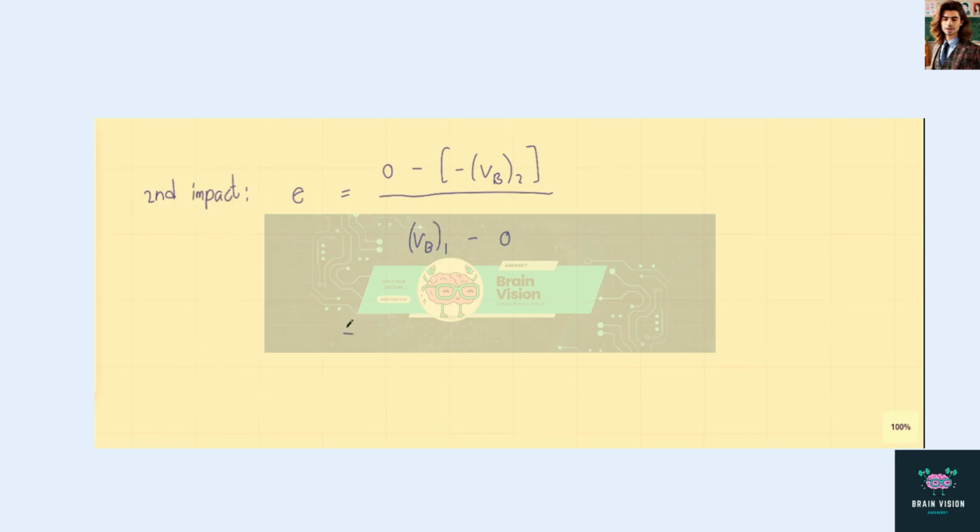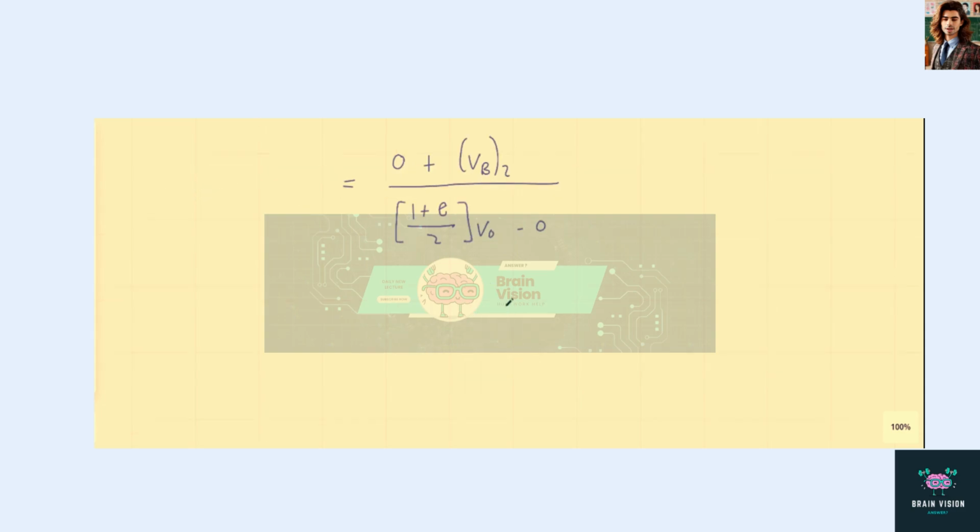And so E is equal to 0 plus VB2 over VB1, which we calculated before to be (1 plus E) over 2 times V0, minus 0.